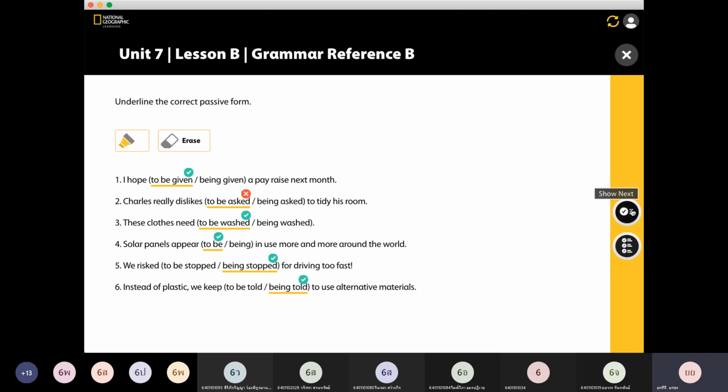Okay, so this one, dislikes being asked. This one is quite a little bit tricky, for verbs of preferences. With preference verbs, it depends on the particular purpose.